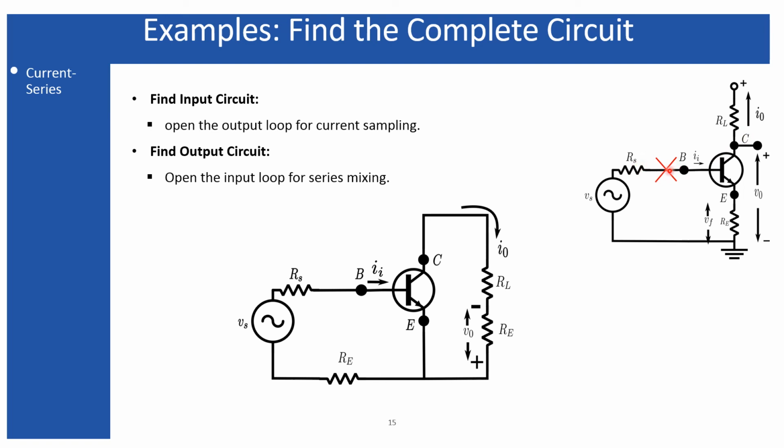By opening this input loop, if you observe this output loop, you can see that the emitter impedance is also appearing around the output loop. That means for the current series circuit that I have presented here, this emitter resistance is appearing both on the input side as well as on the output side. But this is applicable for this particular circuit.